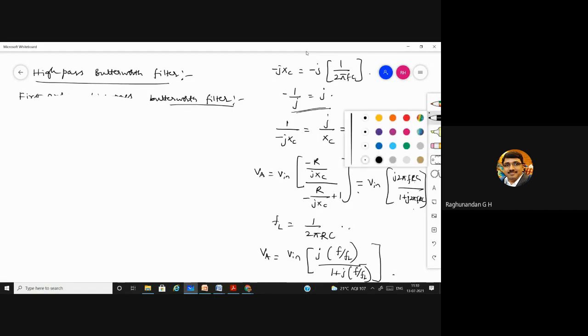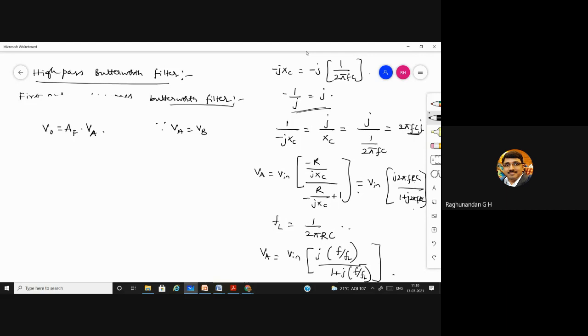Now we have obtained VA according to the virtual ground concept, and applying the voltage equation of the non-inverting op amp, Vo is equal to AF into VA, or if you want to take VA equal to VB, you can take it that way also. Since it is a non-inverting op amp, AF is 1 plus RF by R1.